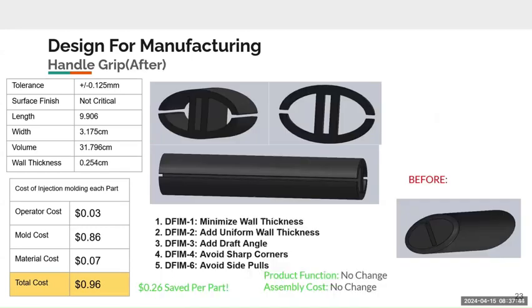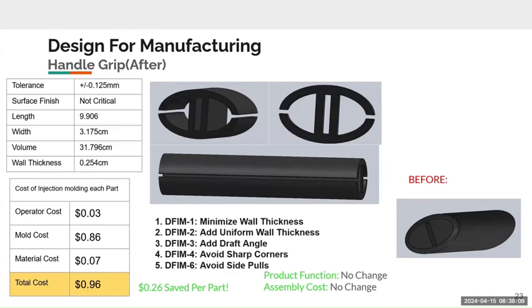Next we have our other design, and as you can see here, it's largely similar dimensions. We kept the length and width largely the same, but we took out a lot of the volume in the handle, and we also made the thickness uniform. Rather than 1.43 centimeters of thickness, we now have 0.25 centimeters.